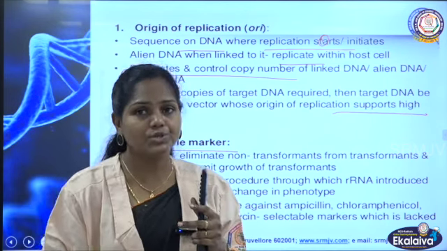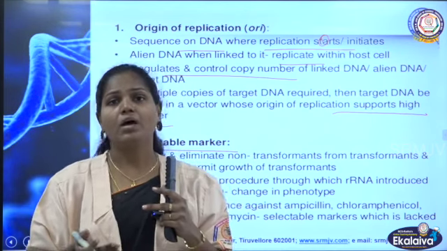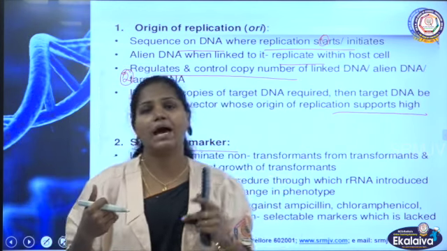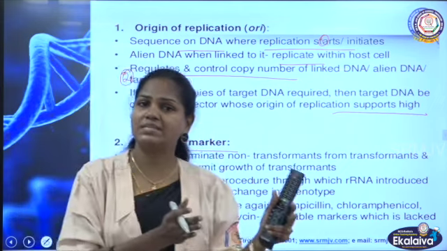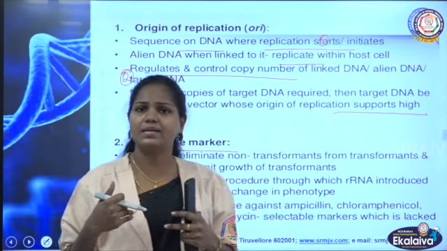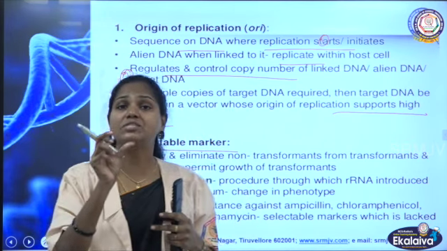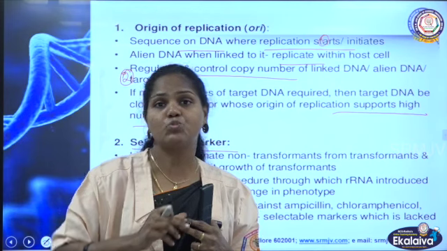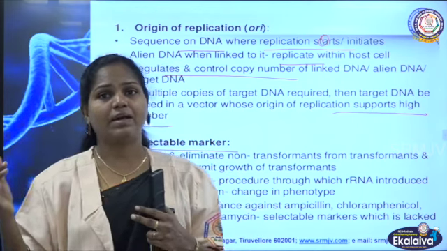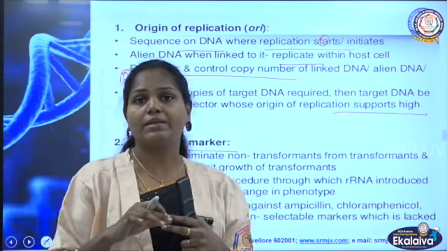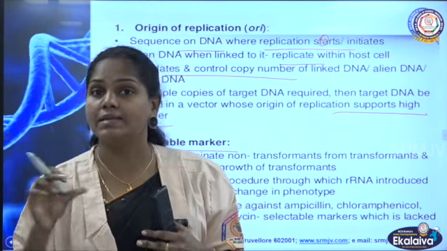When you introduce them into the host cell, it is not possible for all the host cells to take our rDNA. Some bacteria will have our rDNA and some other bacteria will not take that rDNA. The bacteria which have our rDNA we call transformants, and the bacteria which are not having our rDNA we call non-transformants.